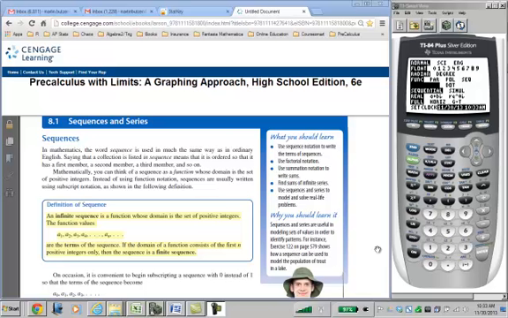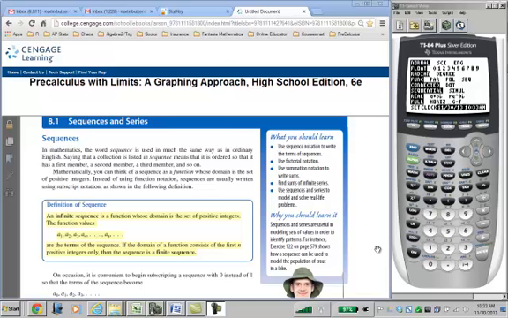So if you have a sequence with a bunch of numbers in it, starting from the smallest going on up, then in terms of ordered pairs, the first member of the sequence would be 1 comma a sub 1. And then the next ordered pair would be 2 comma a sub 2, and so on.